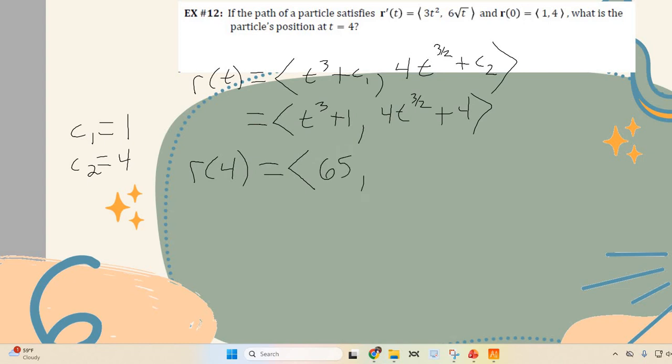If I'm raising something to the 1/2 power, what is that the same thing as? The square root. So I have the square root of 4, yes? Which is 2, so 4 times 2 is 8, and then plus our last 4 is 12.